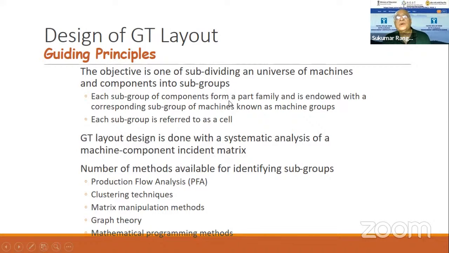Each subgroup of components forms a part family and is endowed with a corresponding subgroup of machines known as machine groups. Group technology layout design is done in a systematic way. Machine component incidence, okay, we will not get into too much of this. There are a number of methods available for identifying subgroups of the cellular technology or group technology. These are all the methods.